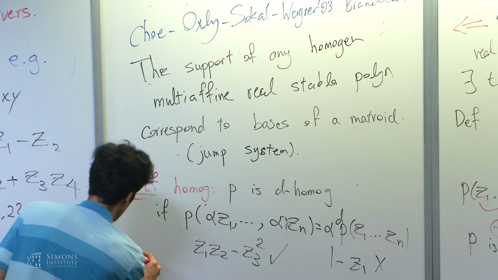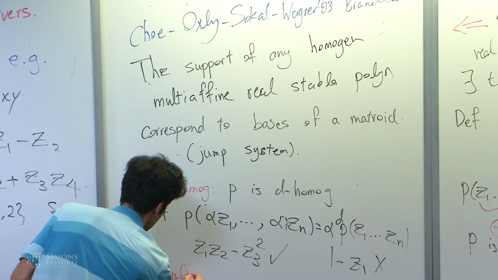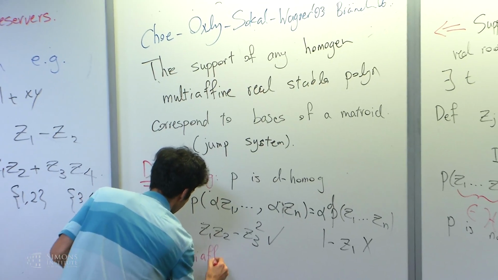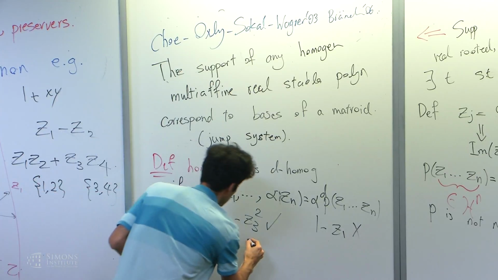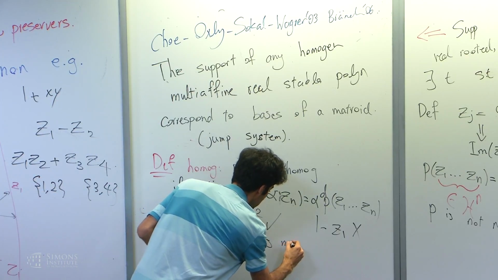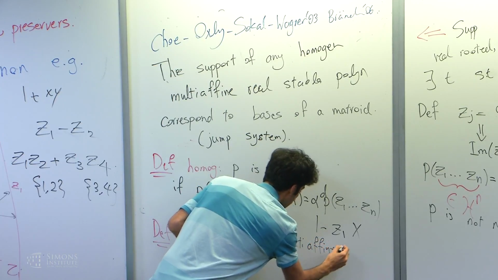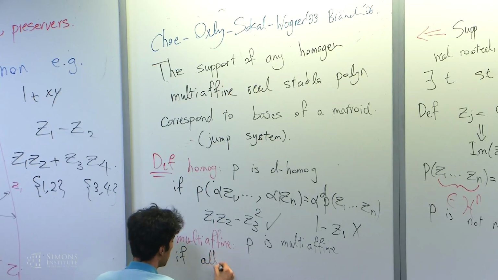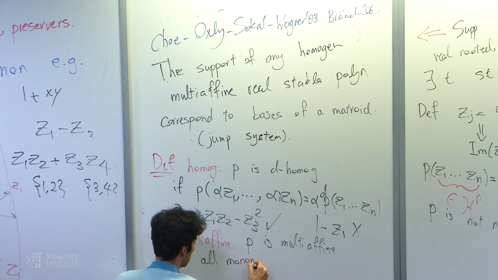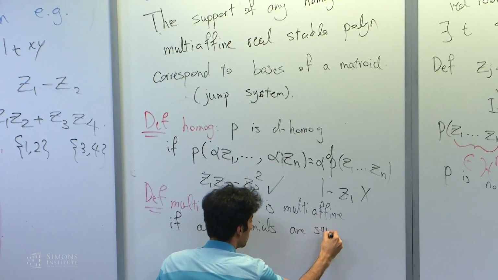So another definition, again, if you haven't seen: multi-affine. You say P is multi-affine if it is square free, if all monomials are square free.